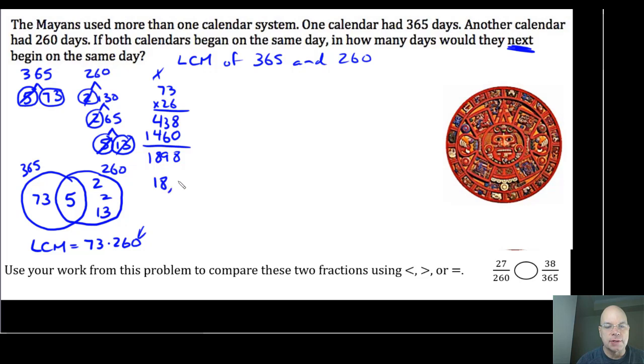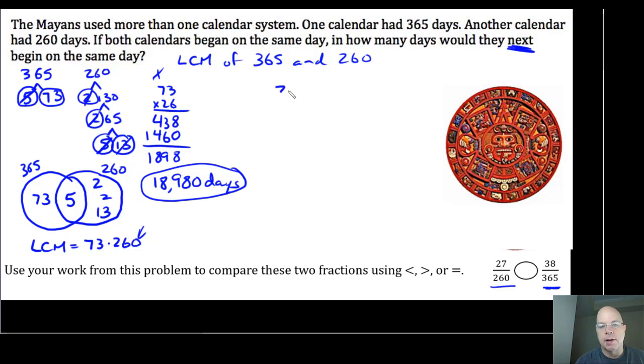So 18,980 days would be how many days it would take for both calendars to occur on the same day again. Now, at the bottom, I'm reminding you that this same idea of LCM can be used to find a common denominator, because if I want to compare these fractions, the lowest common denominator is the LCM.